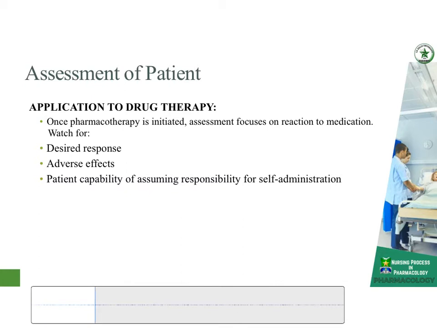Okay? For example, we don't need special baseline data to know whether hair loss following cancer chemotherapy was caused by the drug. However, in other cases, baseline data are needed to determine whether an adverse effect has occurred. For example, some drugs can impair liver function. Pwedeng makadaot siya sa liver function.